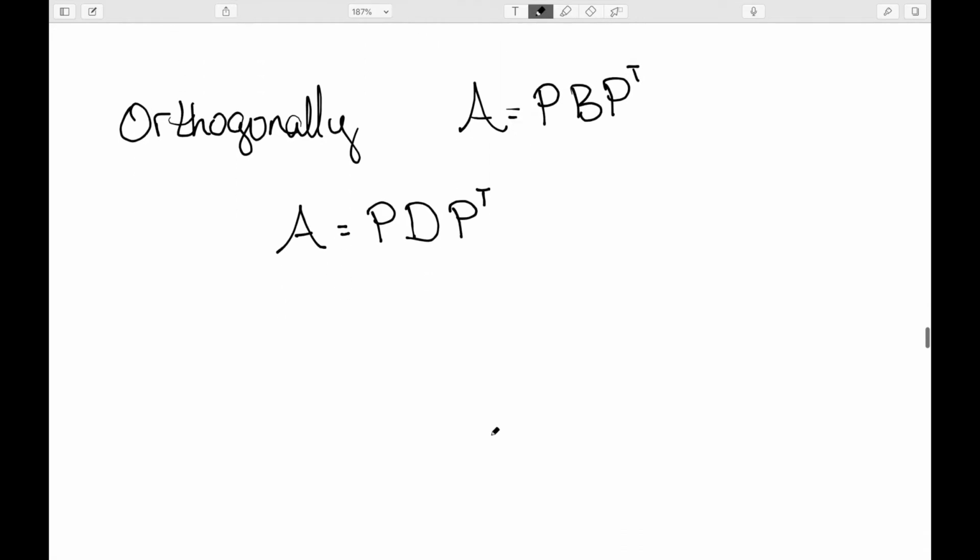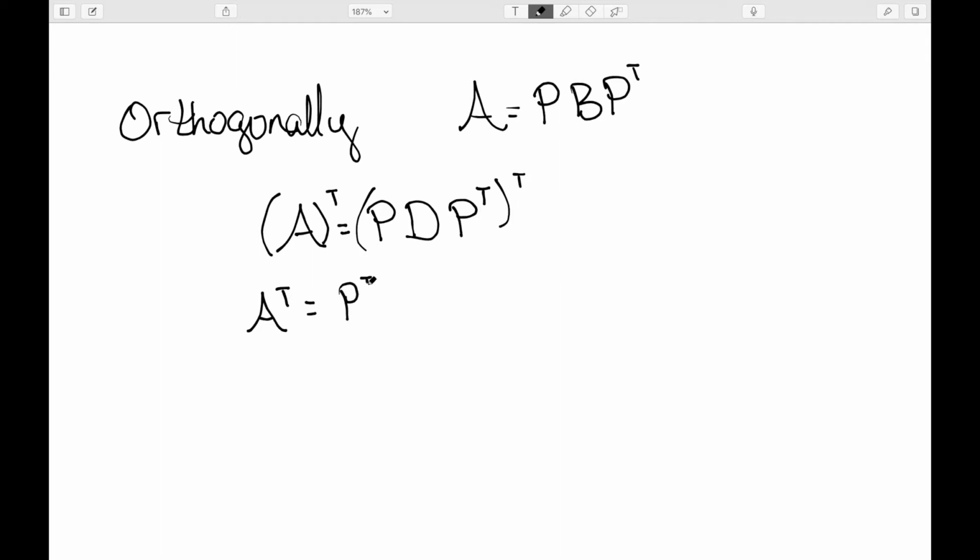And it's actually going to be really easy to determine if something is orthogonally diagonalizable. I know it needs to satisfy this condition, and I'm going to go ahead and take the transpose of both sides here. So this would be A transpose is equal to P transpose transpose, D transpose, P transpose.